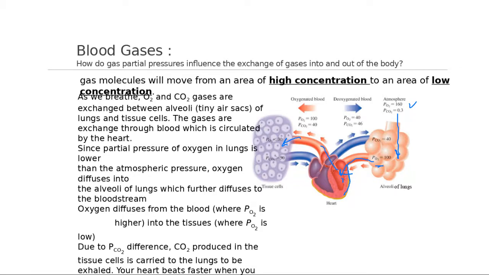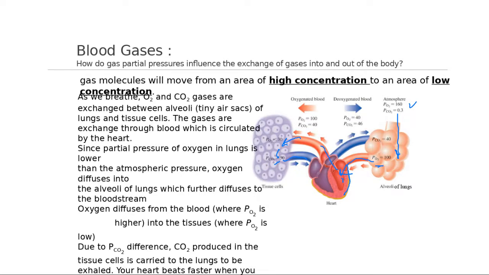Let's talk about the opposite. The carbon dioxide accumulated in the cells will diffuse to the blood, then it will go to the heart. The heart will pump the deoxygenated blood, as we call it, to the alveoli.